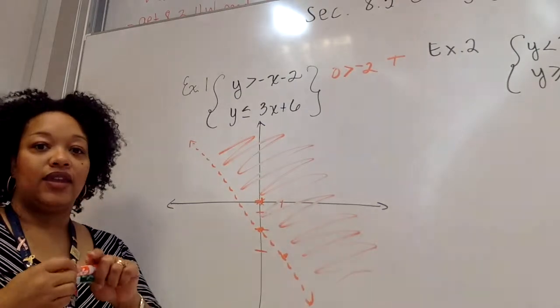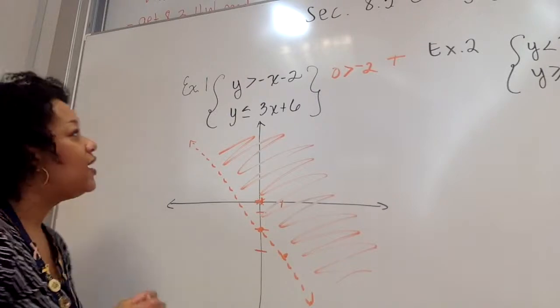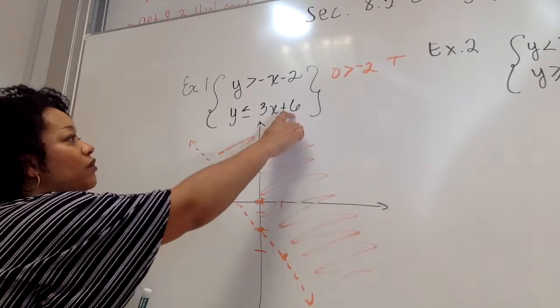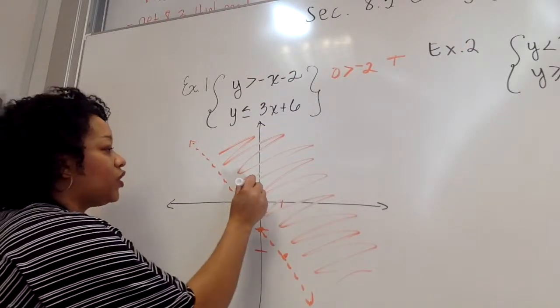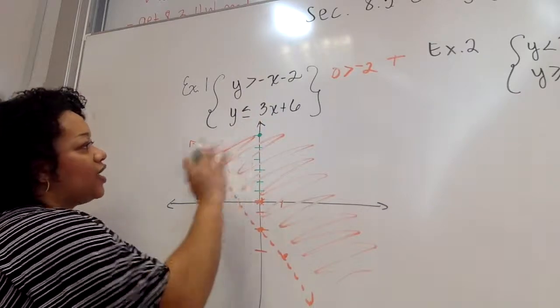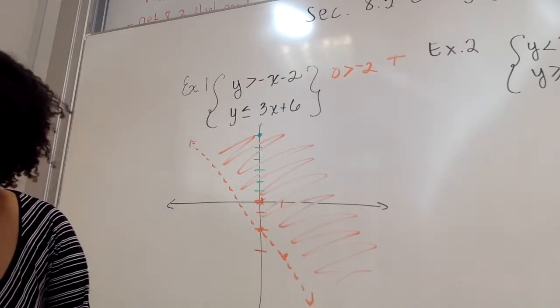Okay? Now, get your second color, ink or pencil, and let's graph the second inequality. For this one, my y-intercept is 6, so I'm going to go up 6, 2, 3, 4, 5, 6. And you've got the space, I don't, so I'm just going to add on to my coordinate plane here.